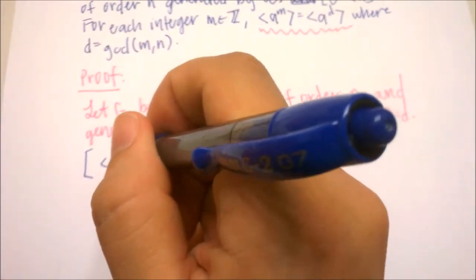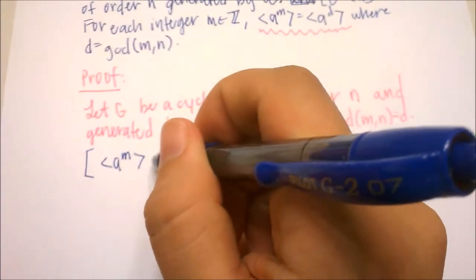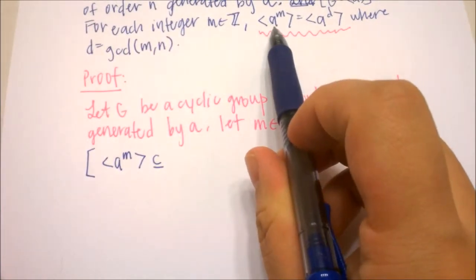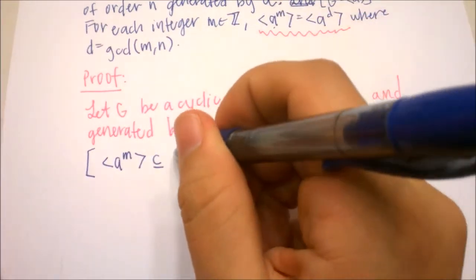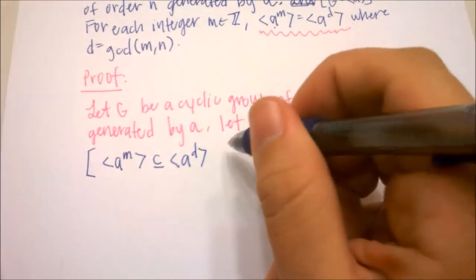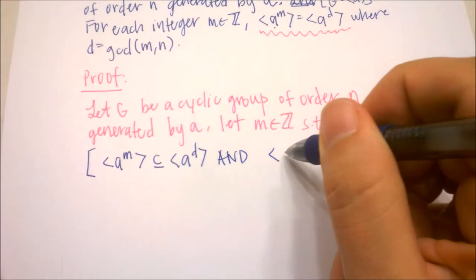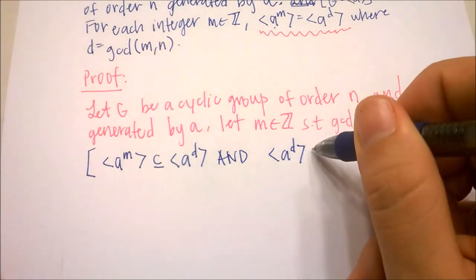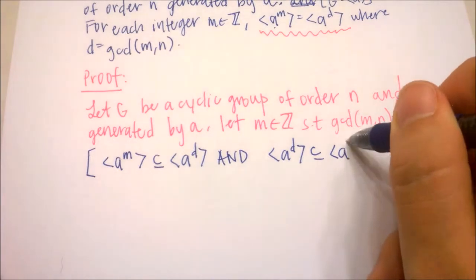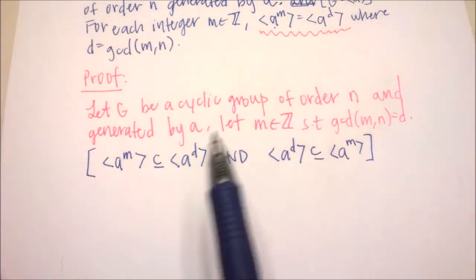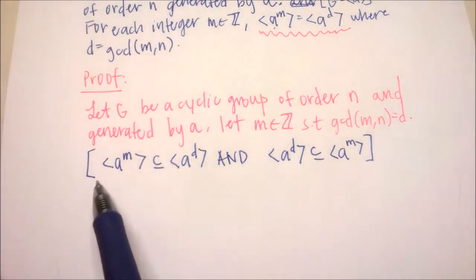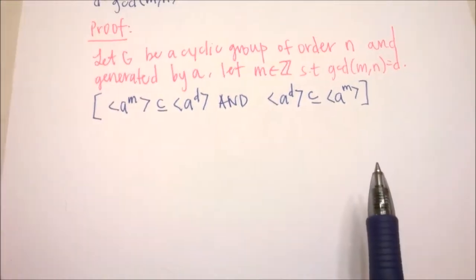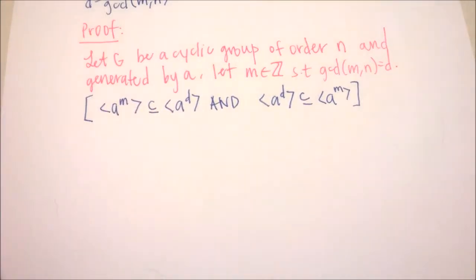So what I mean is if you first show that the group generated by a^m is a subgroup of the group generated by a^d, and you also show that the group generated by a^d is a subgroup of the group generated by a^m, if you show both of these, this proves equality. So let's first start with this containment here.